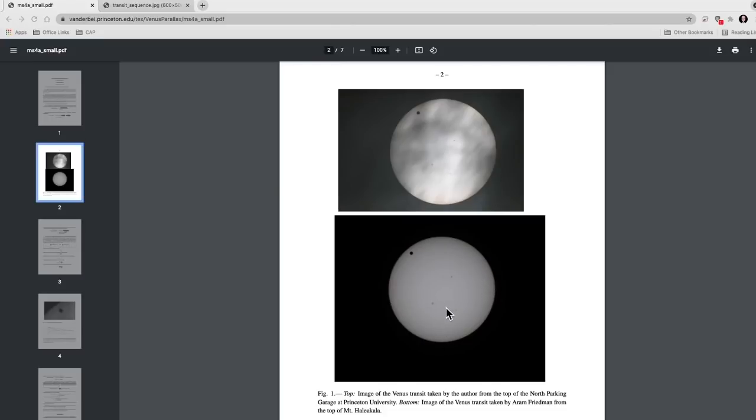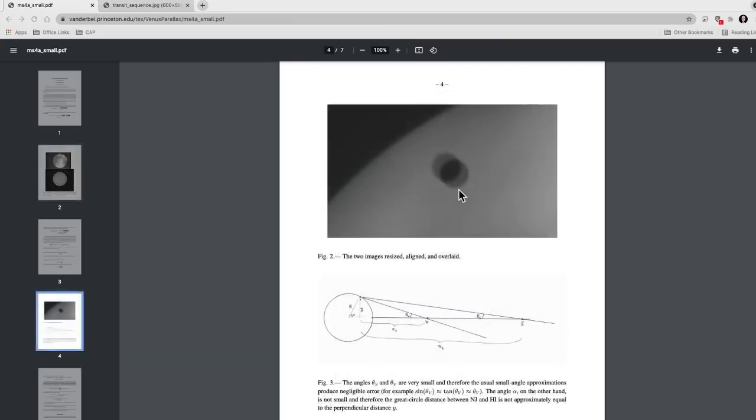Then we rotate one so that these sunspots all line up. The result is that we get 2 silhouettes of Venus on the sun. And by measuring the distance between the centers of these silhouettes, we can get a parallax angle. Let me show you how they did that.